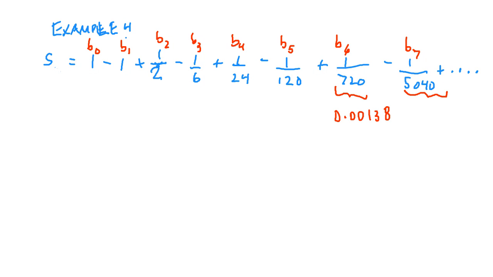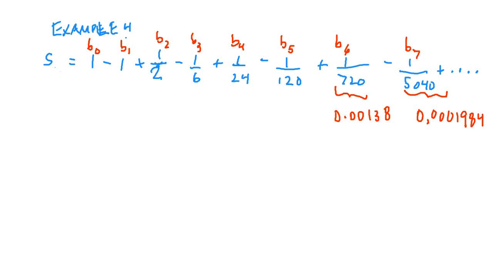The 7th term, 1 divided by 5040, is equal to 0.0001984, approximately.